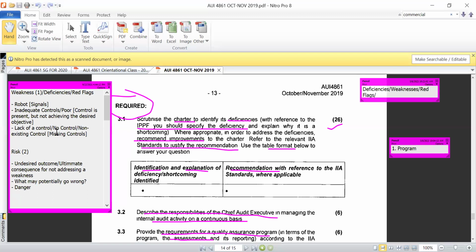In other words, these are missing control measures in a way. So those are the two ways that you identify shortcomings. Number one, something is being done, but it's not achieving the purpose. Number two, something that is supposed to be done is not being done at all. That's another way of identifying a shortcoming.